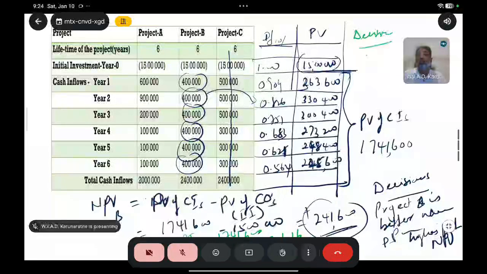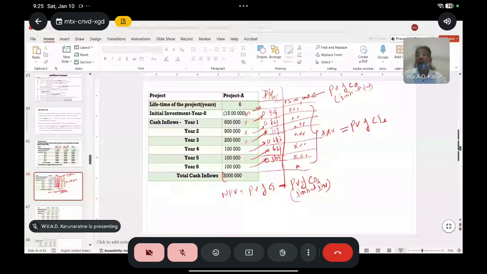Now what is the decision? If you want to choose only one project, you have to take the project with the highest profitability index. Project B is better based on that, right?